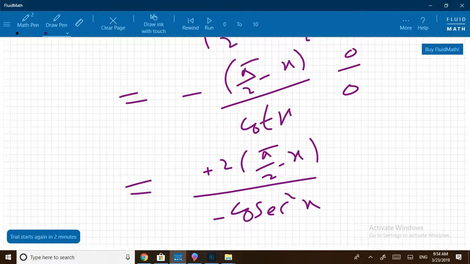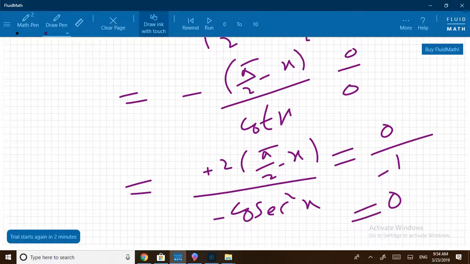Now if I apply the limit x approaches to pi by 2, then pi by 2 minus pi by 2 is 0, and this is equal to 0.